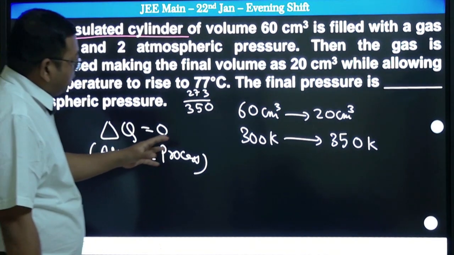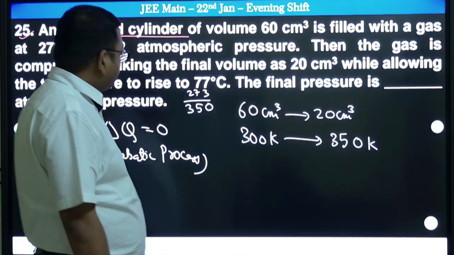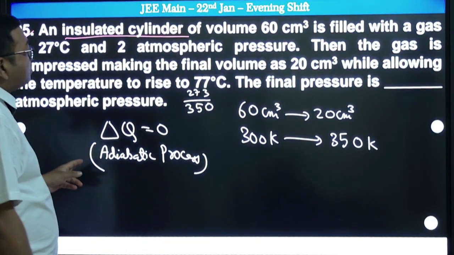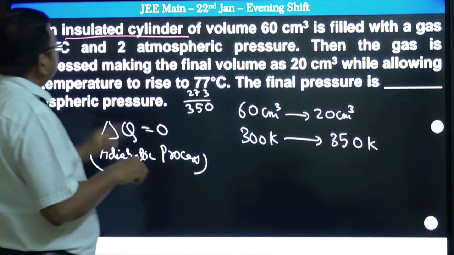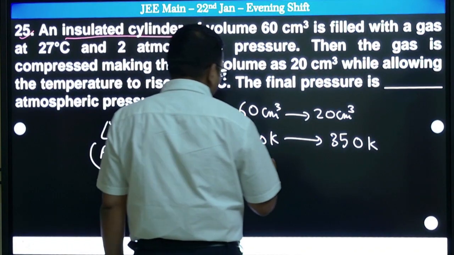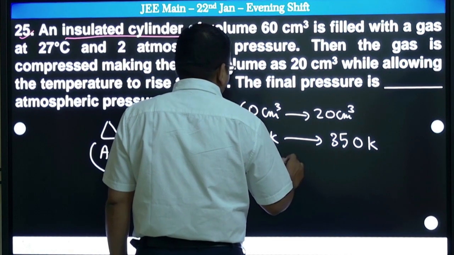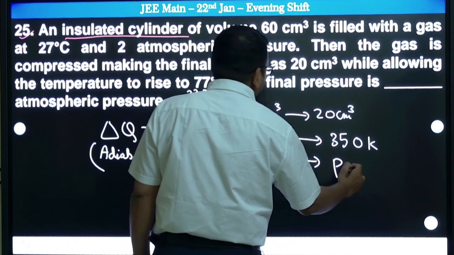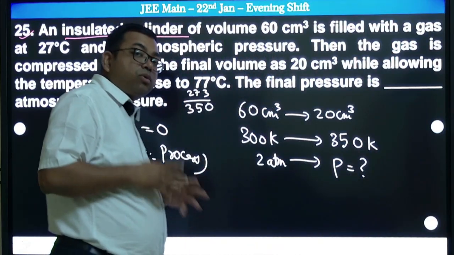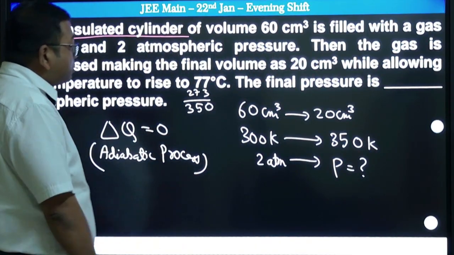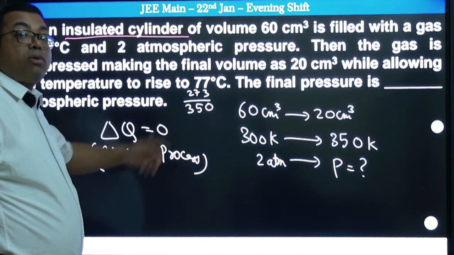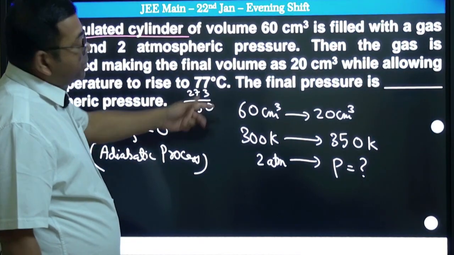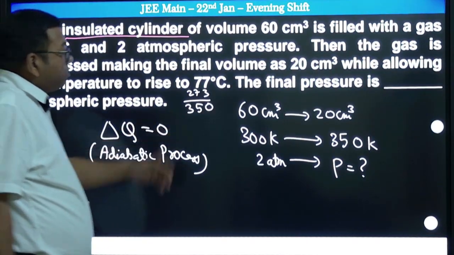Okay, so the temperature volume relationship in an adiabatic process. They are asking for the final pressure. Remember, they are asking final pressure. What is the initial pressure? Initial pressure is 2 atmosphere, and the final pressure is what they are asking. So we need to think about which equation we should use. They are asking pressure, so we should use the pressure volume relation or pressure temperature, whichever is easier, but pressure volume will be easier.